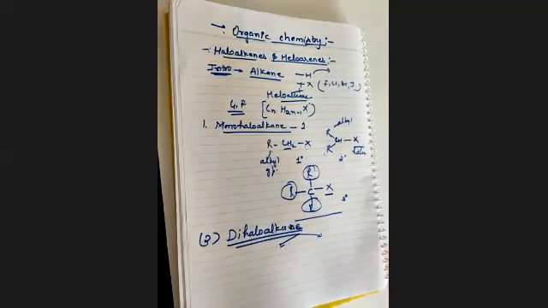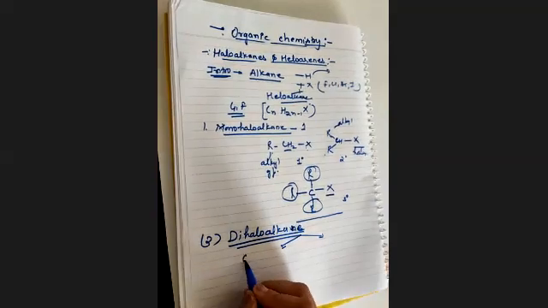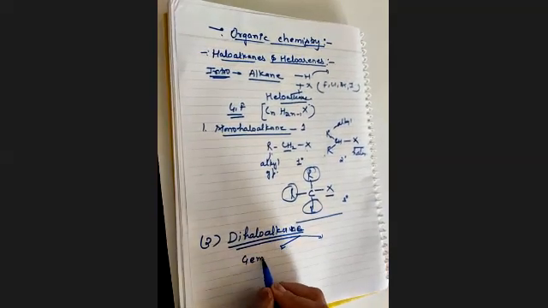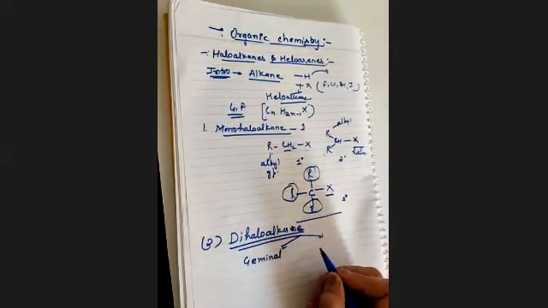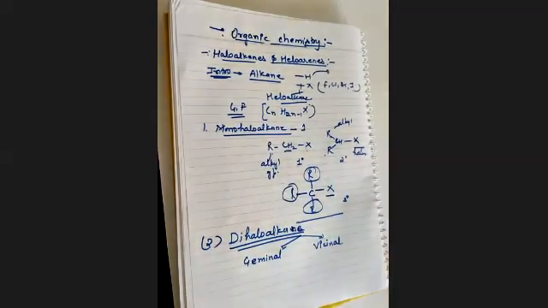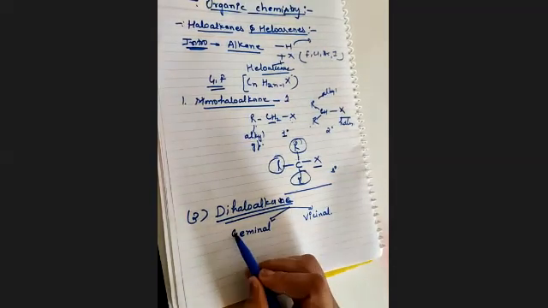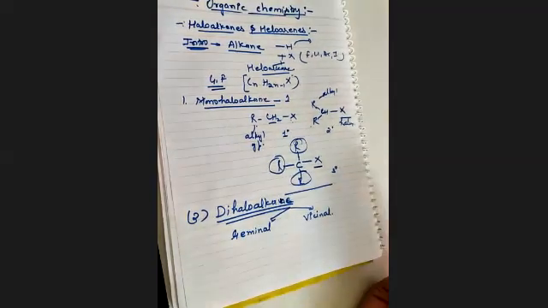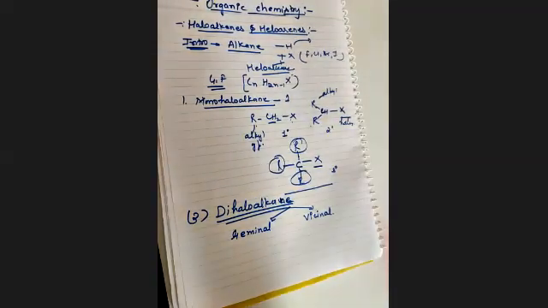Your dihaloalkanes are of two types. First one is geminal, and second one is vicinal. So you can get this type of question in your objective exams, board exam, asking how many types of haloalkanes there are. They'll give you some options, and that option can be geminal, that can be vicinal. Okay, so note it down.